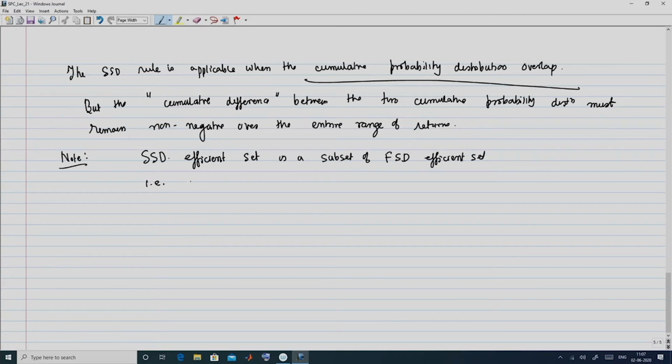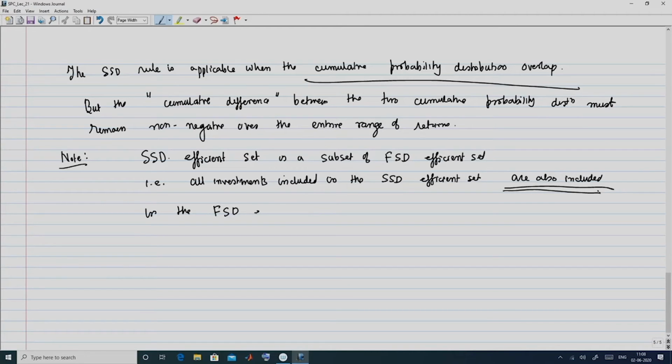This means that all investments included in the SSD efficient set are also included in the FSD efficient set, but the opposite is not true.